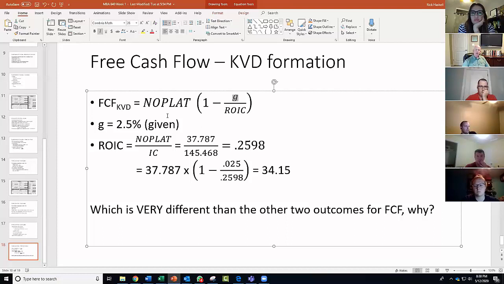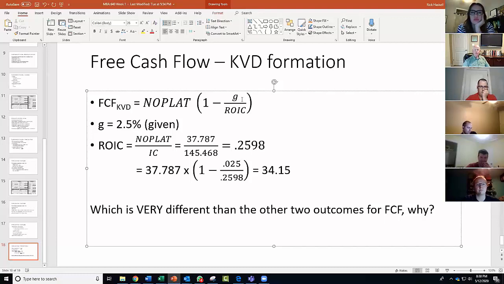In this case, I'm using 2.5% as the long-term g. And return on invested capital is NOPLAT divided by invested capital. Well, you remember where those numbers were, 37.787 and 145.468. So we had an ROIC of 0.2598, or just shy of 26%.